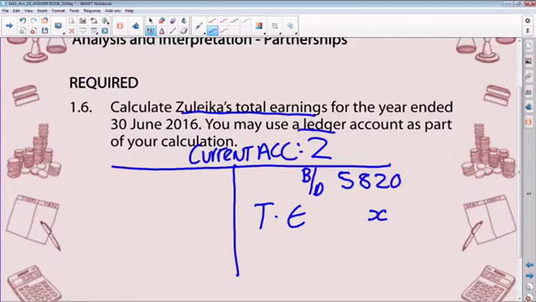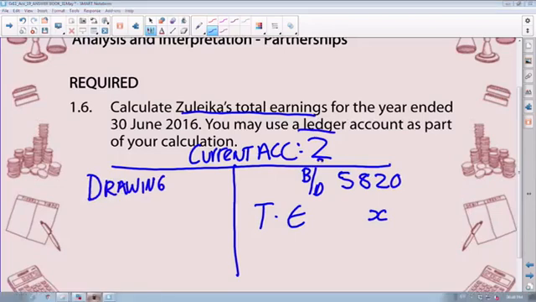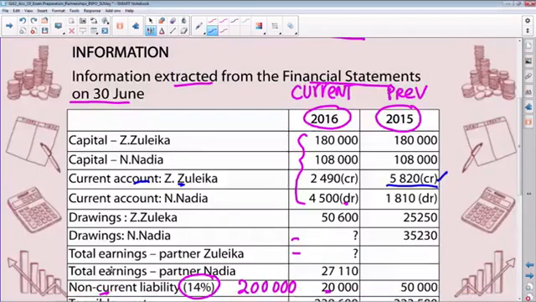Right, what do I show on the debit side? The debit side of the current account indicates whatever the partners have taken thus far from the business. So in other words, your drawings for the year. Right, now my drawings, obviously for partner Zuleika. So let's go back to our information and let's look for the drawings that she's taken for the year.